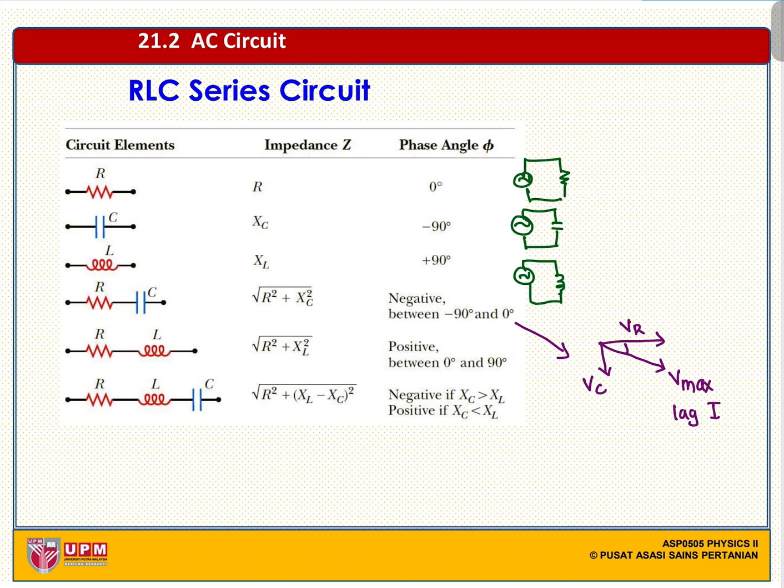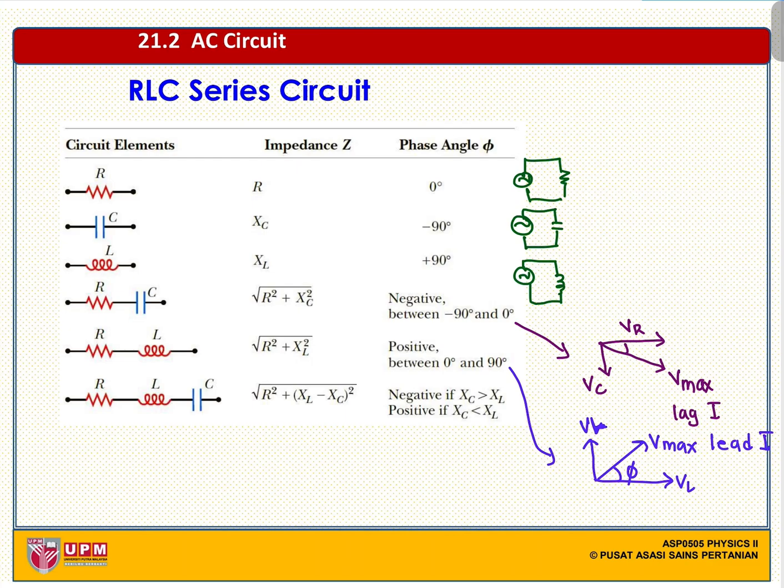And if you have an RL circuit, we saw earlier VR to the right and VL upward, right? So this is your VL. So your phasor angle is positive here. This is your phasor angle. This is your Vmax. So here Vmax leads the current.